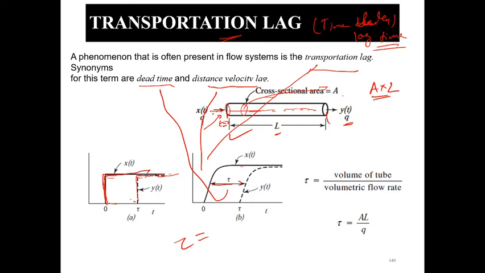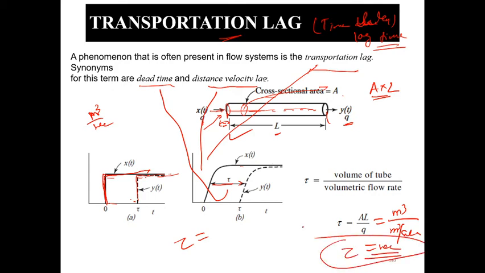I have already told you, this is a volumetric flow rate, meter cube per second, or meter cube per minute. So when you divide the meter cube by the meter cube per second, it will provide the time constant, time equals seconds. So this is the method by which you can calculate the transportation lag.